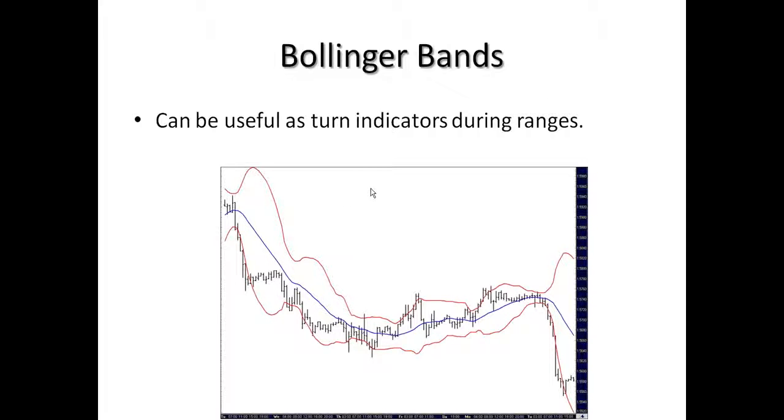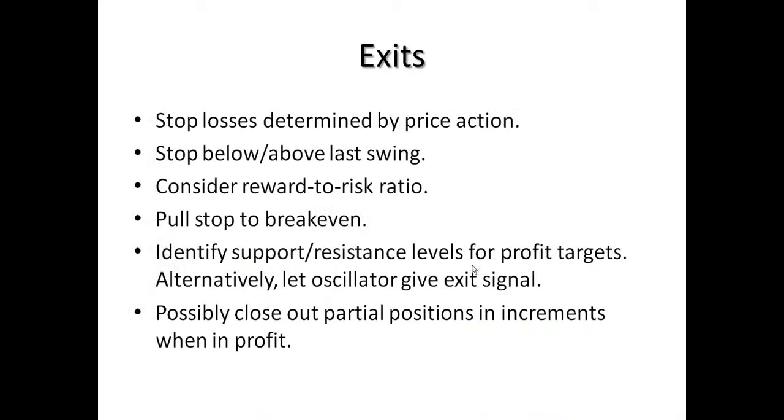Oftentimes Bollinger Bands will help confirm support and resistance in a sideways motion, but Bollinger Bands were really meant more for trend following and volatility breakout types of uses as opposed to range trading. But they can also be used oftentimes to help support your support and resistance lines.